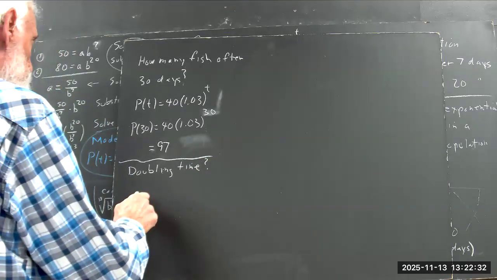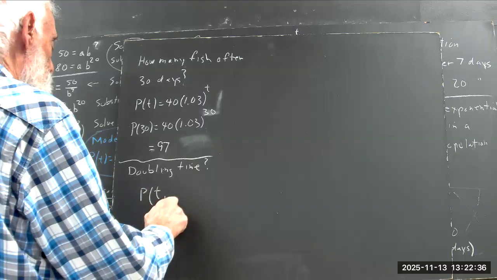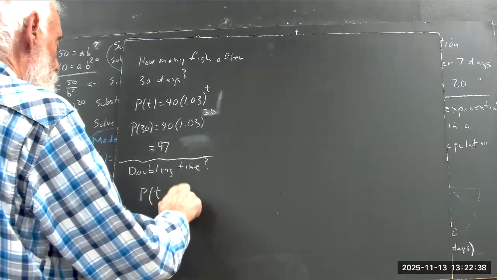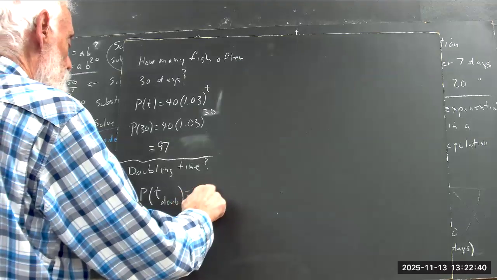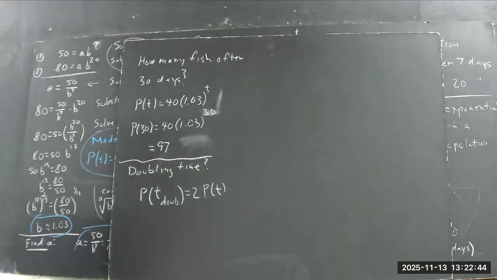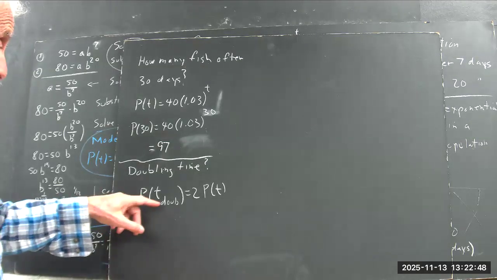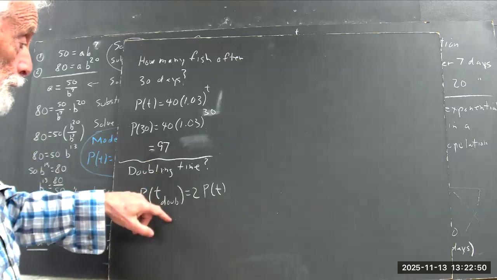Doubling time. You write down a simple equation for doubling time. Whatever the doubling time is, I'll call it T dub.